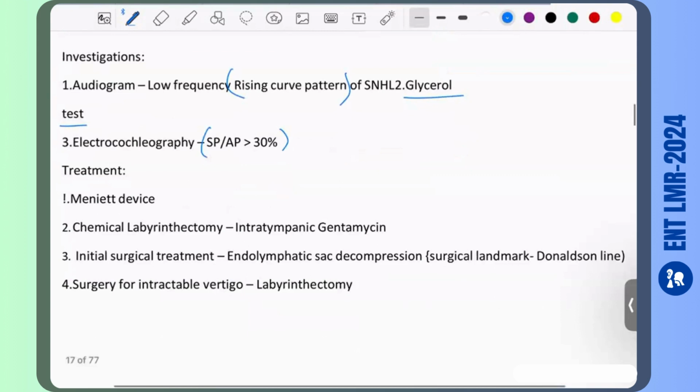Treatment for Meniere's disease: Meniett device, chemical labyrinthectomy, and we could do an endolymphatic sac decompression surgery. And the surgery for intractable vertigo is labyrinthectomy.